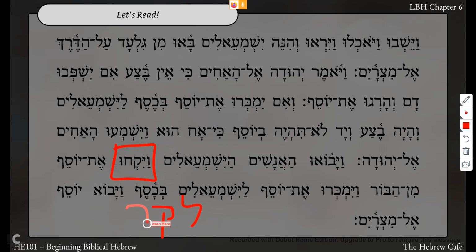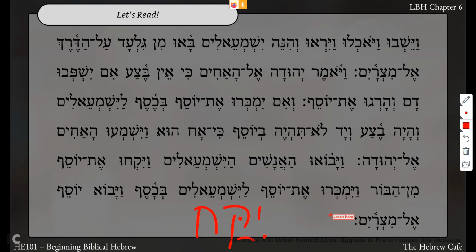Lakach means he took. Yikach is he will take. The lamed, for whatever reason, disappears into the kuf, and you say yikach with the kuf having dagesh. Yikach means he will take.